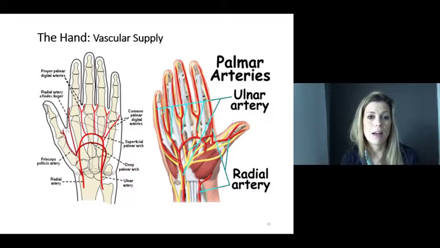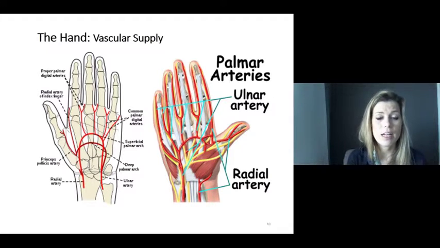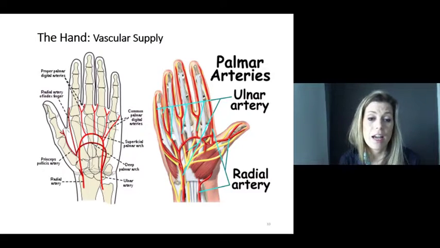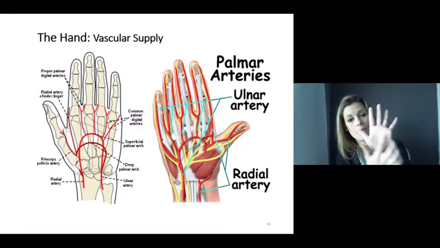Hand vascular supply. The hand needs blood flow to feed the bones, tendons, muscles, and soft tissue. You've got two main artery supplies, the radial artery and the ulnar artery. Those feed both the superficial palmar arch and the deep palmar arch within the palm of the hand.